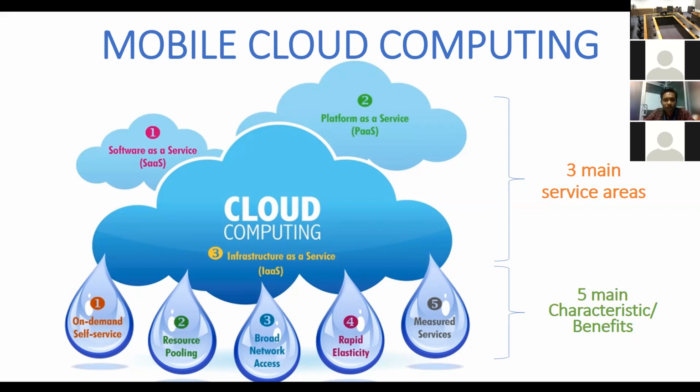The next service is platform as a service. This is where the provider provides the software and hardware resources to the users for application development over the internet. This helps prevent the hassle of installing hardware and software on their own machines.